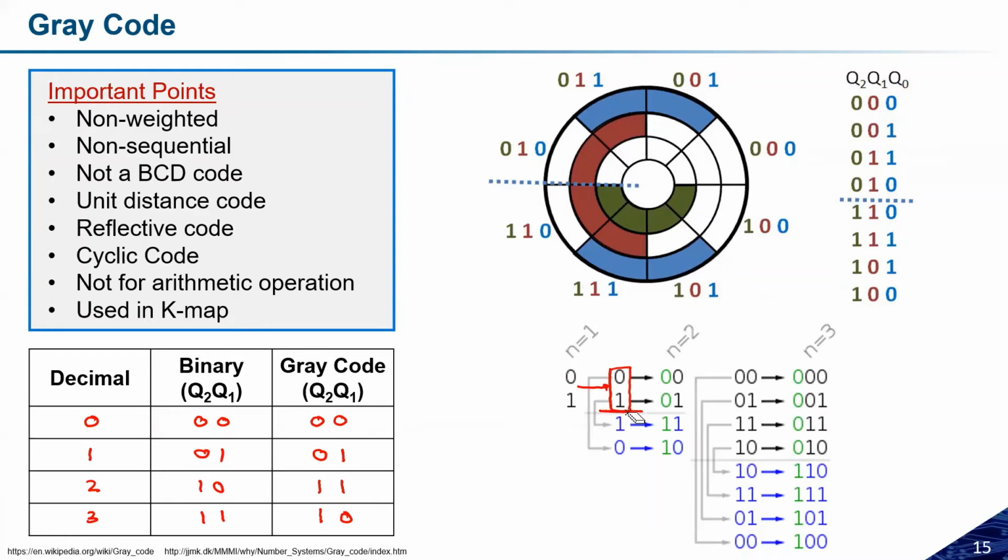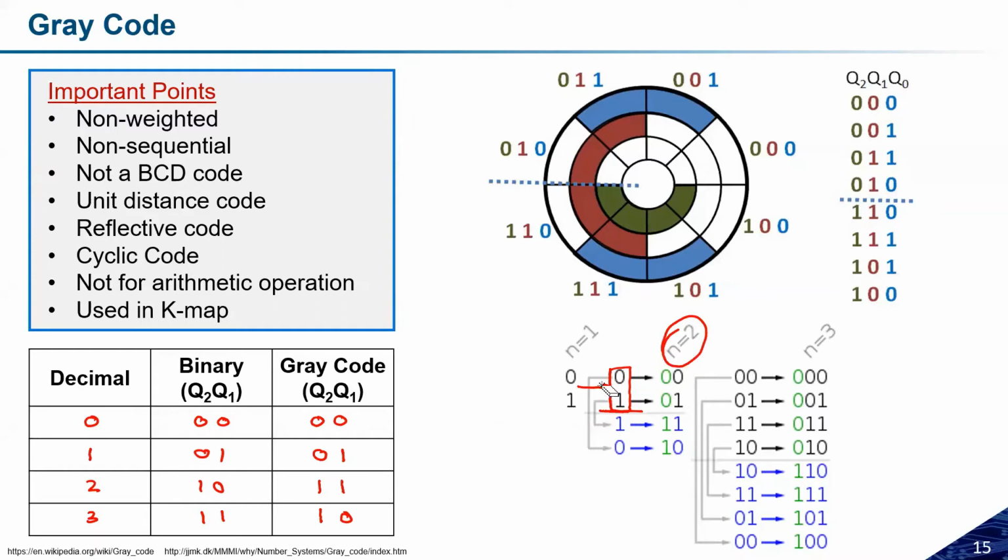Once we are ready with 0, 1, 1, 0, the upper portion gets logic 0 and the lower portion gets logic 1 as the most significant bit, and that becomes the gray code for n is equal to 2. So that is how we are calling it.